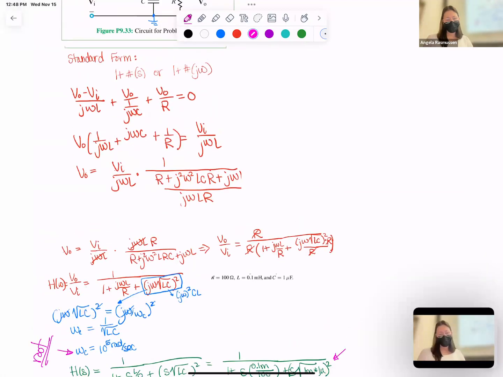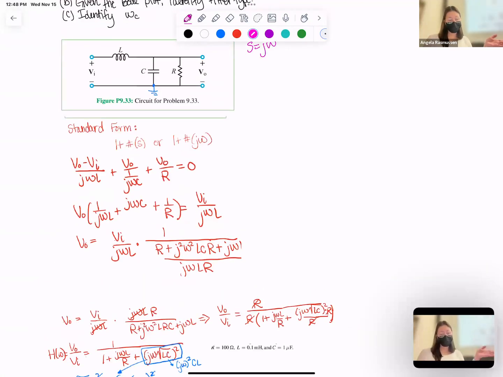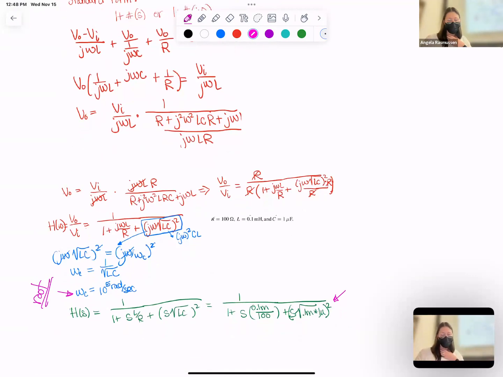So back to the equation. V naught minus VI over J omega L, or LS, plus V naught over 1 over SC, or J omega C, plus V naught over R equals 0. And then manipulate that to get the ratio of V naught over VI.